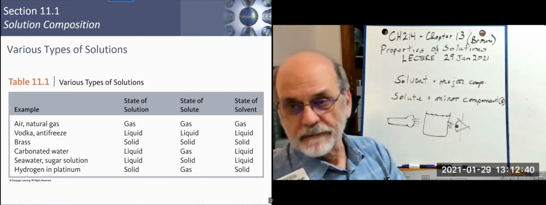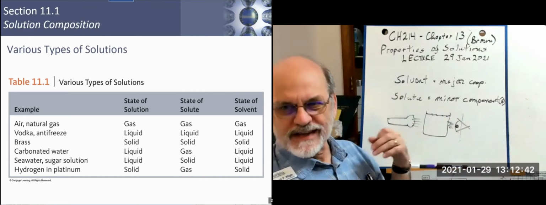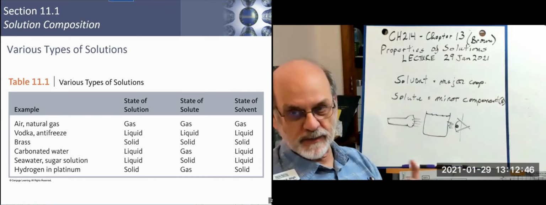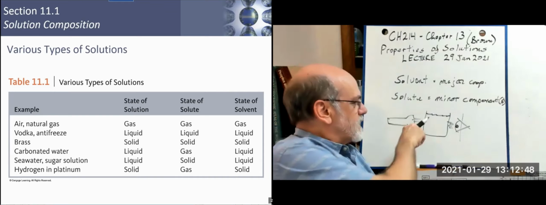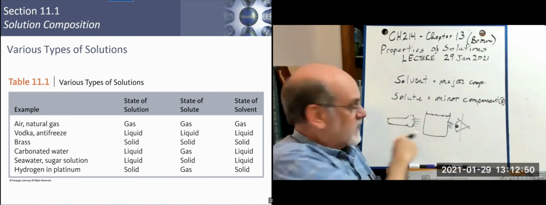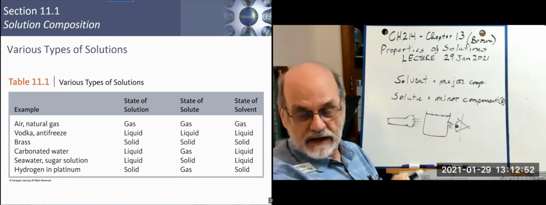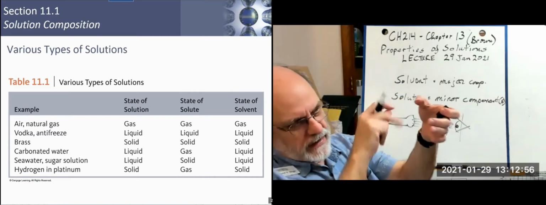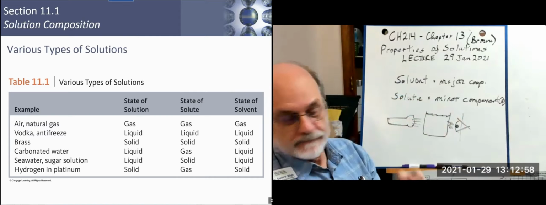Well, you will see it no matter what you have. But if it's a suspension and not a true solution, a suspension is a heterogeneous mixture. If it's a solution, then you won't see the light beam in the liquid. If you're looking through a beaker, you won't see the light beam. You'll see it going in, you see it coming out, but you won't see it inside.